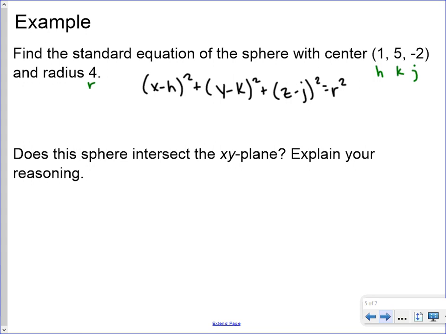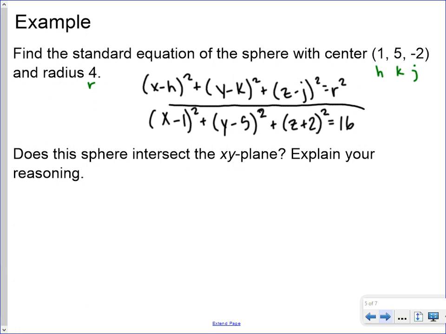You also have your r, so you would just be plugging those things in. x minus 1 squared plus y minus 5 squared, oops, writing a circle there, plus z plus 2 squared equals 16. So that one's really easy. If you get the center and the radius, you just plug them in.